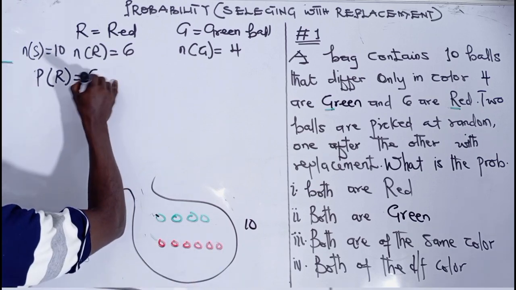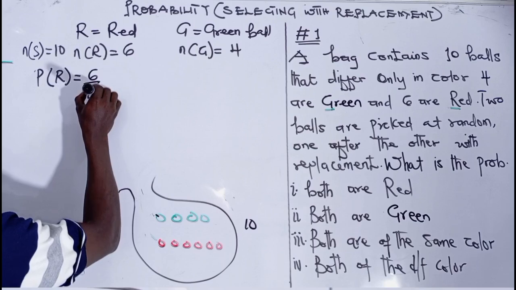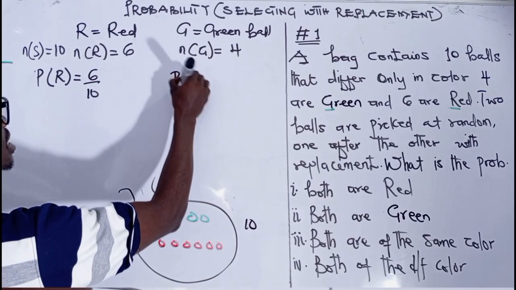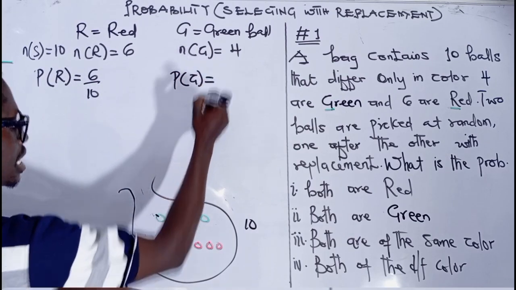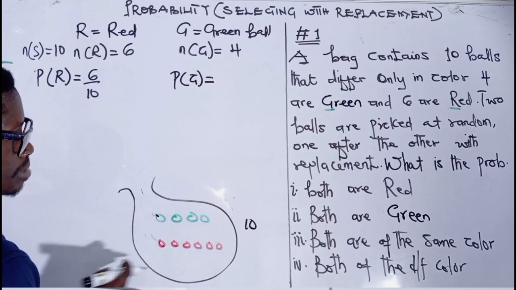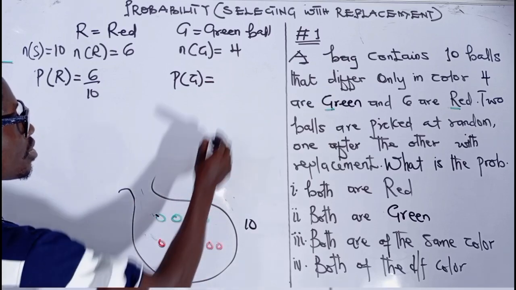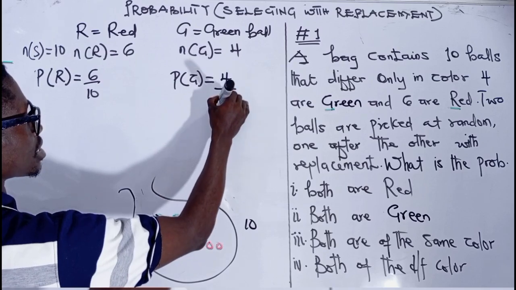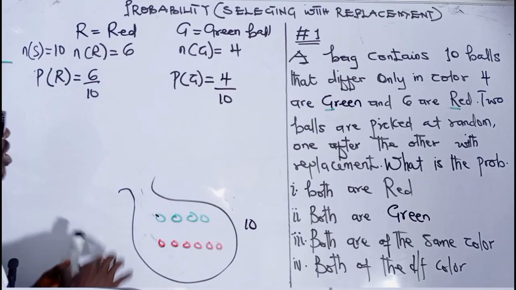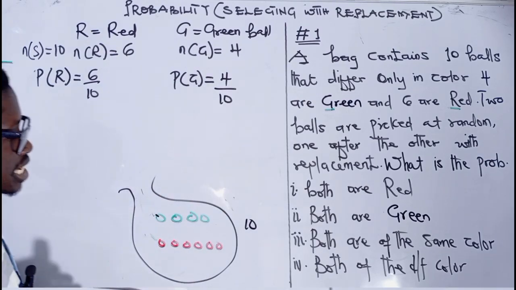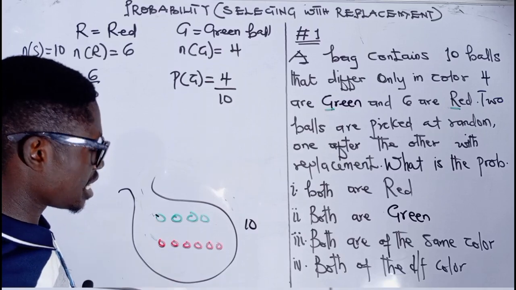So we have 6 all over the total marbles in the bag, that is 10. And then the probability of picking a green marble from the bag is the number of green marbles in the bag all over the total marbles in the bag. So we have 1, 2, 3, 4, all over 10.